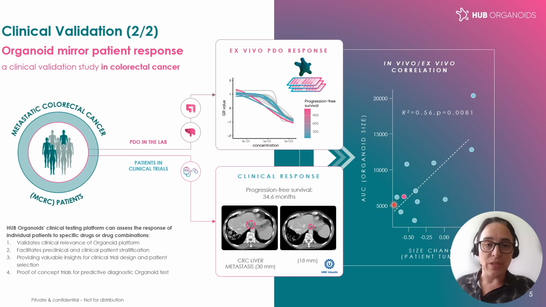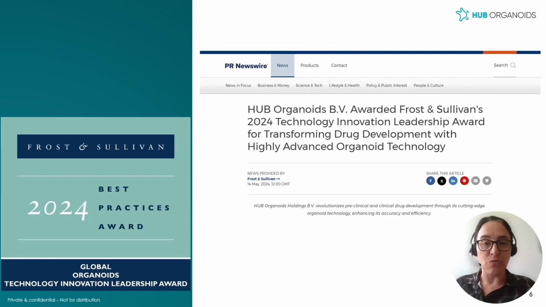So with all this combination of information about the genetic, biological and cellular complexity that the organoids bring in terms of patient representation, but also patient response, we believe that patient-derived organoids are a more relevant platform to develop new drugs.